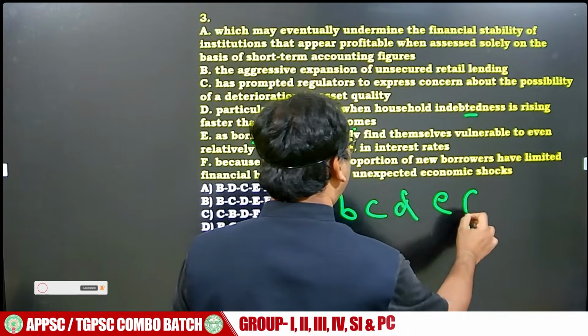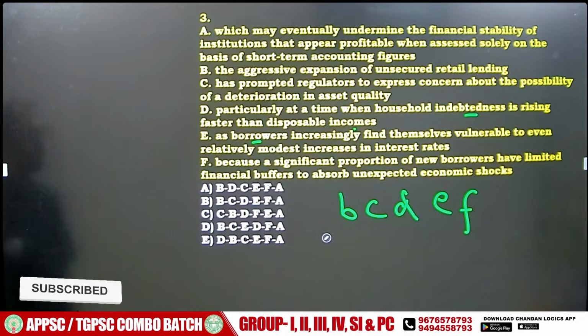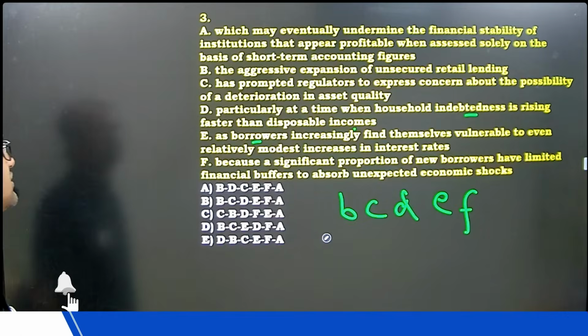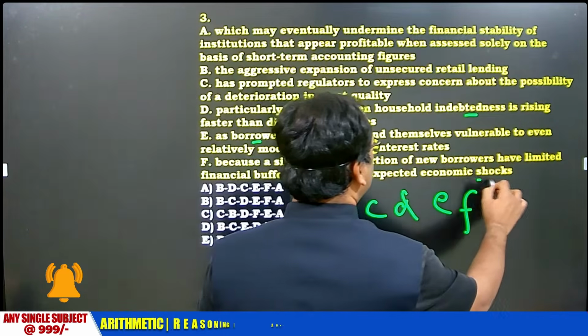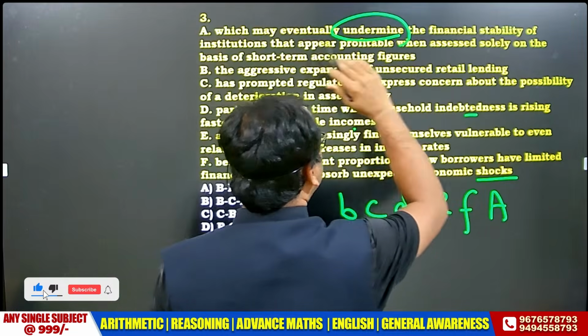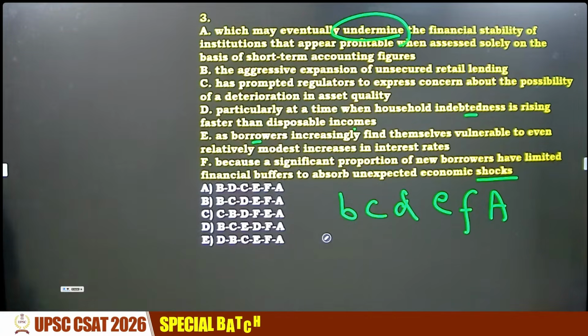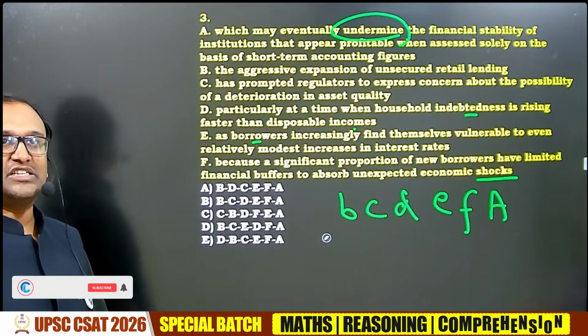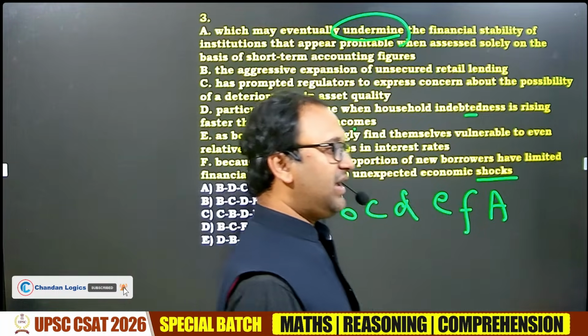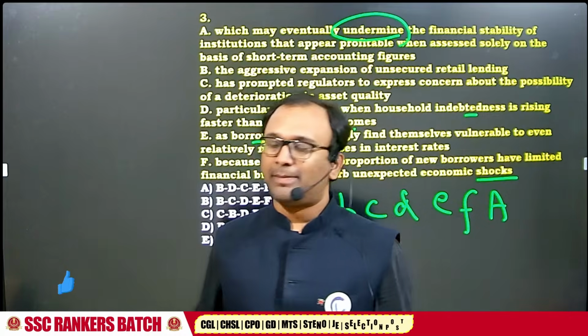Because a significant proportion of new borrowers have limited financial buffers to absorb unexpected economic shocks. See, shocks which may eventually undermine the financial stability of the institutions. That is the meaning. I'll explain clearly, guys. Today, it's easy to get a loan online. I think you are all going to be future bankers.